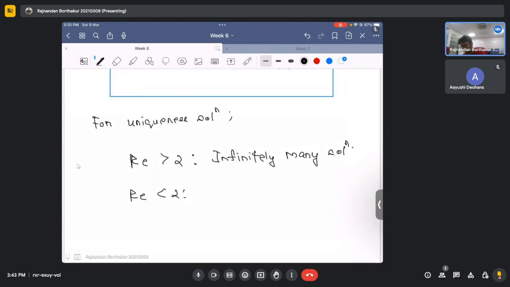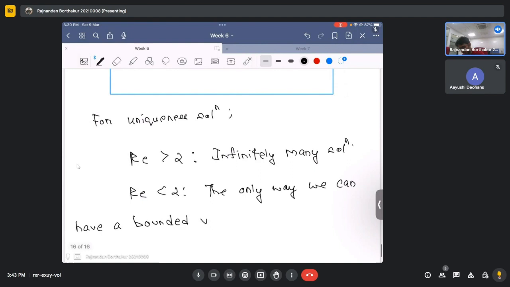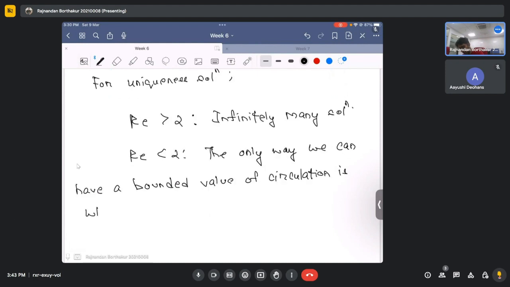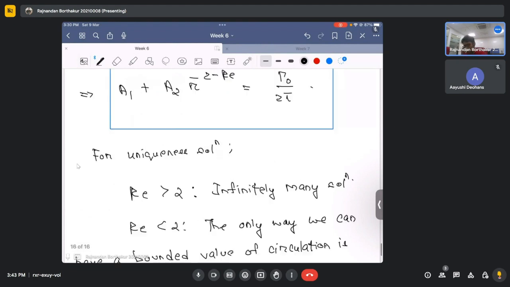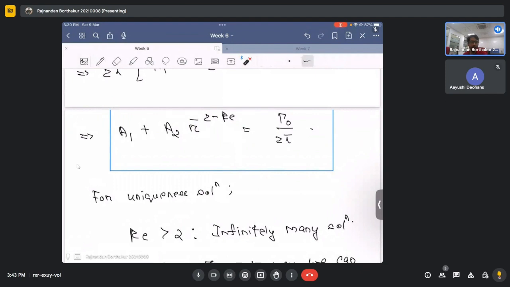So what I was saying is, when Re is less than 2, the only way we can have a bounded value of circulation is when A2 becomes equal to 0, or else the left hand side will never be equal to the right hand side.